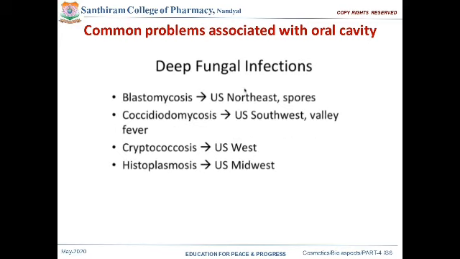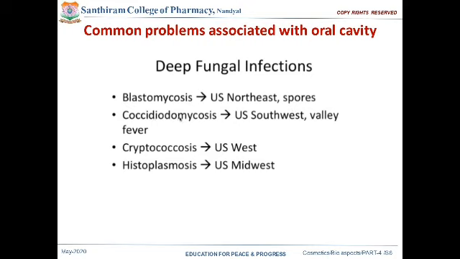And lastly, we have deep fungal infections. So this one, I just went ahead and listed the most characteristic spots where you'd find these deep fungal infections. Most of these fungi are present in soil, and blastomycosis would be in the U.S. Northeast, and they're involved with inhalation of spores, usually like after a big rain or something.